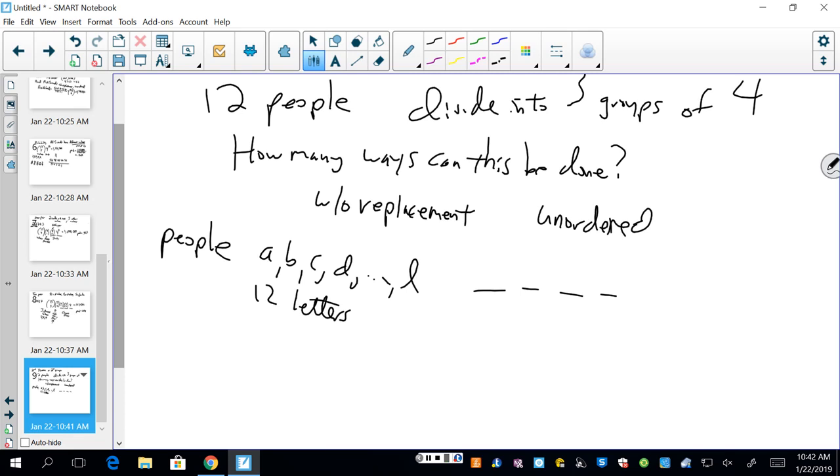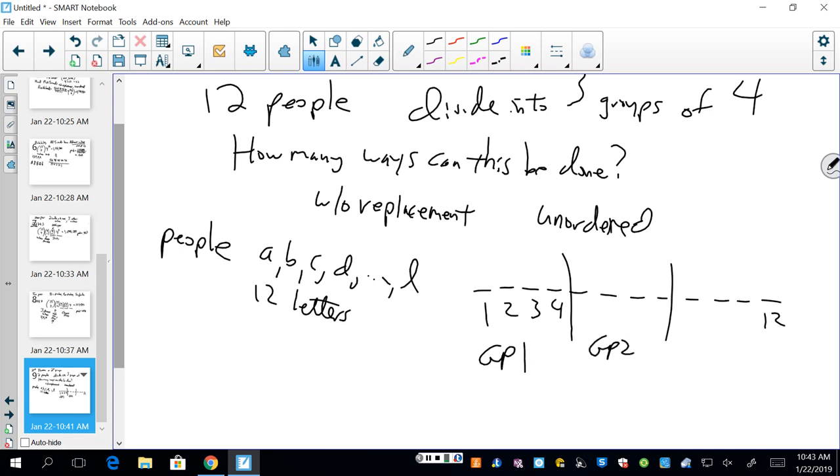So here's 12 spaces, 1 through 12. One way of thinking about forming groups is to take these letters, randomly shuffle them, and put them down in order. Then call the first 4 group 1, the next 4 group 2, and the next ones group 3.